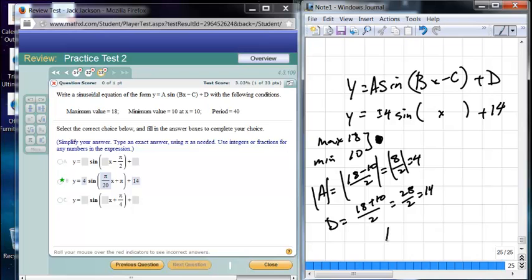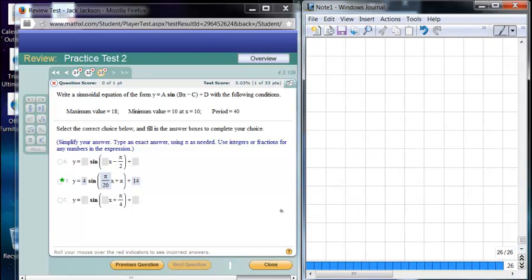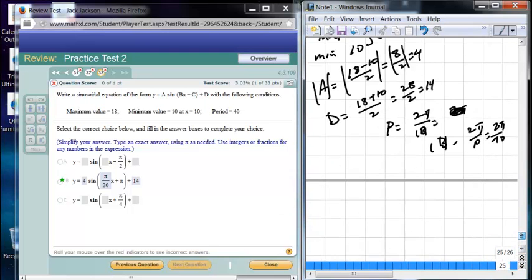The period is 2 pi divided by absolute value of b. So the absolute value of b is 2 pi divided by the period. So that's 2 pi divided by 40, which is pi over 20.